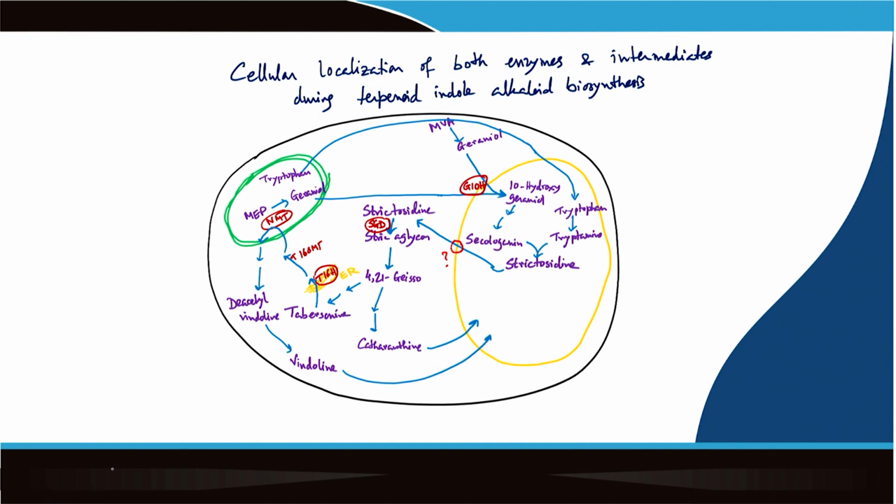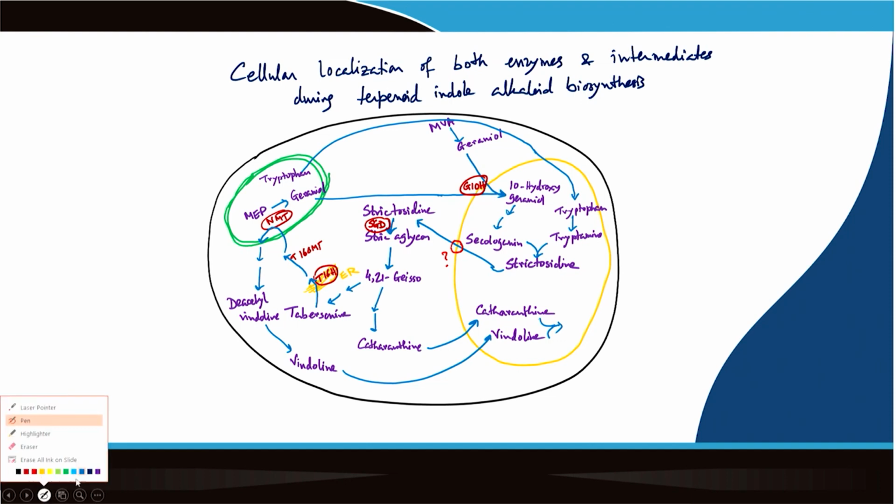These join together by a peroxidase and form vinblastine.